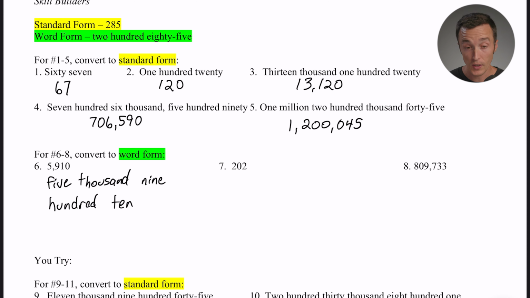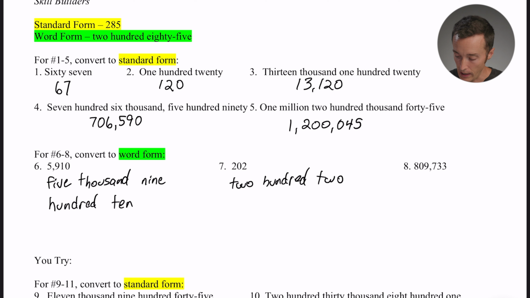Okay, how about number 7, 202. So we've got two hundred two. That was simple enough. Okay, number 8, I definitely didn't leave enough room to actually write this out, but we'll try our best. So how you would say that out loud is eight hundred nine thousand seven hundred thirty-three.